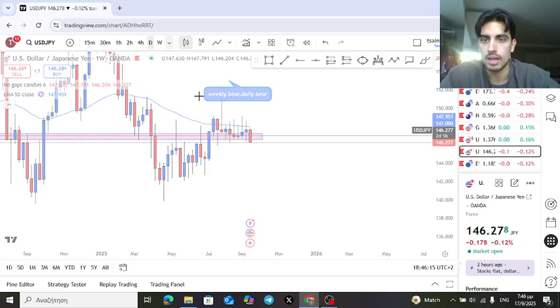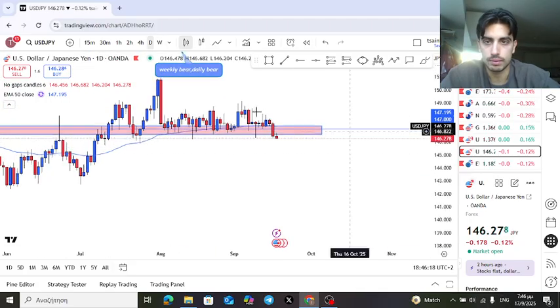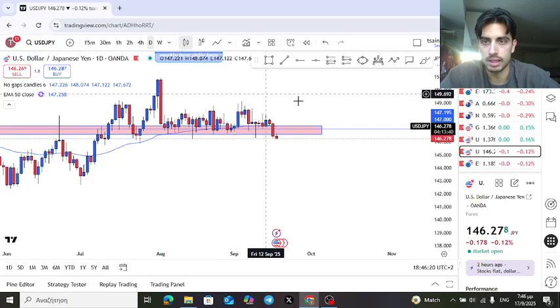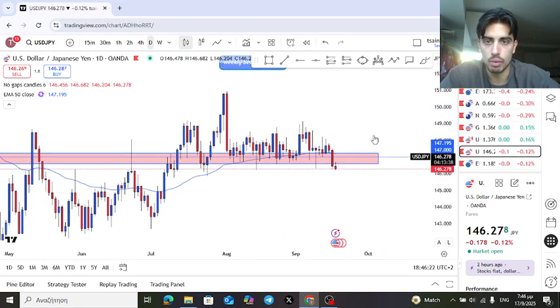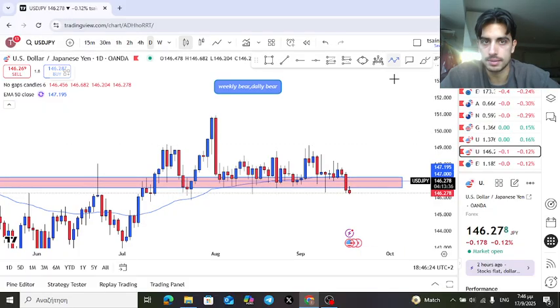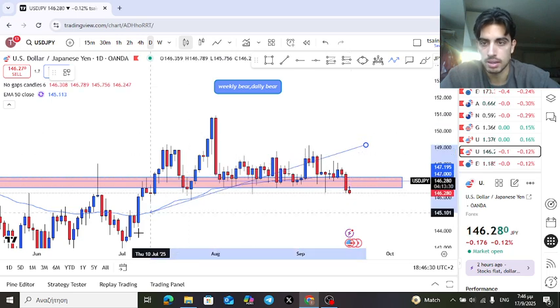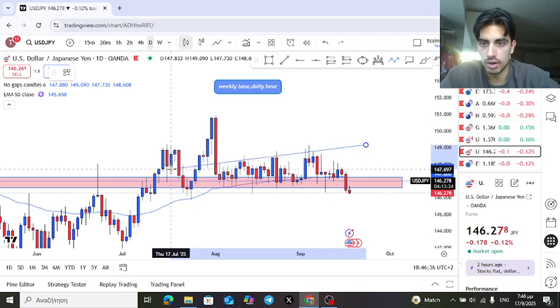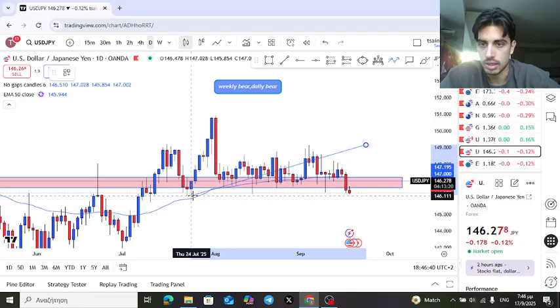And the daily was the one that was keeping us away from this pair. Recently, yesterday, with this candlestick, it became bearish, because as you can see here, price was going up, higher high, higher low, higher high, higher low.